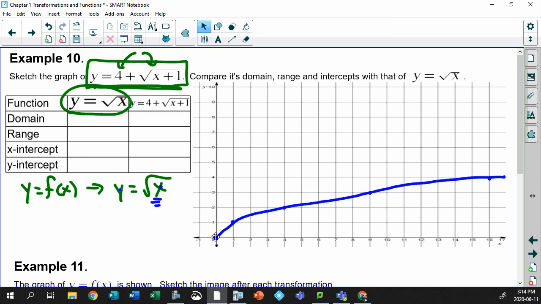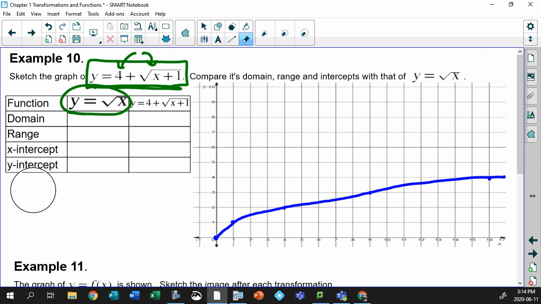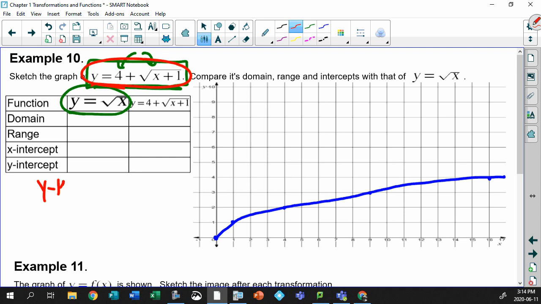Okay, now we're going to transform this graph. So now I'm going to take this graph and I'm going to make it into this. Well, that's not written properly. Remember, this should be written as y minus k equals the function x minus h. And if you think about it, the function just happens to be a radical function.